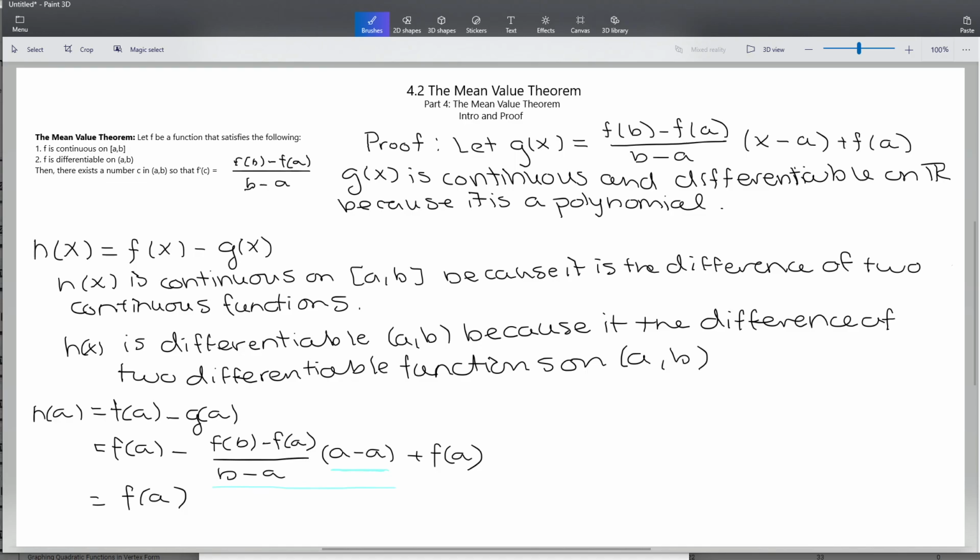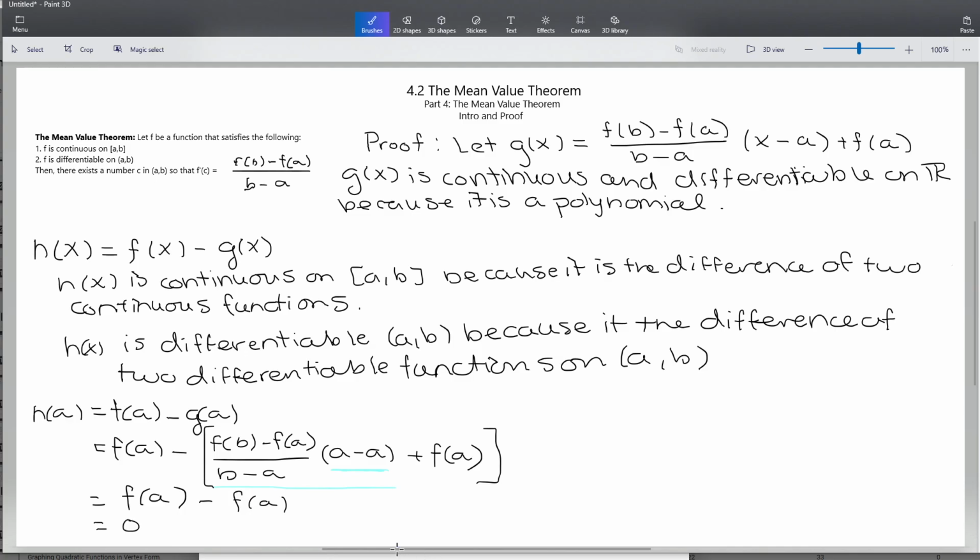Okay, so I have this, and then I'm going to have, right, I still have my minus sign, f of a. Okay. And then I'm going to look at h of, oh, I'm sorry. We need to finish up what this is. So f of a minus f of a is 0.